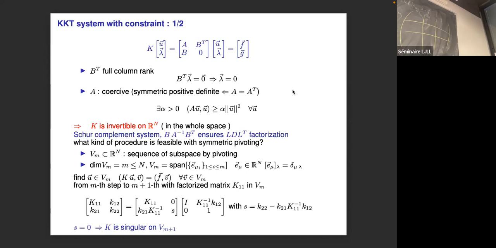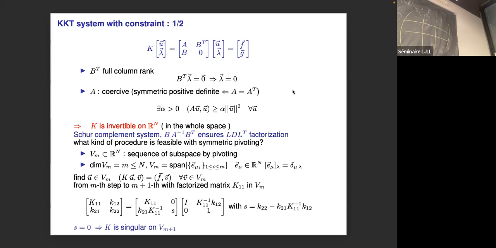This is famous as the Babuska-Brezzi condition. But the issue is, if I proceed with factorization in some sense by pivoting, the factorization is based on local generation of the Schur complement. And if the Schur complement S becomes 0, the linear solver fails. So because this is 0, it's not so clear we can proceed with the factorization in a direct way.